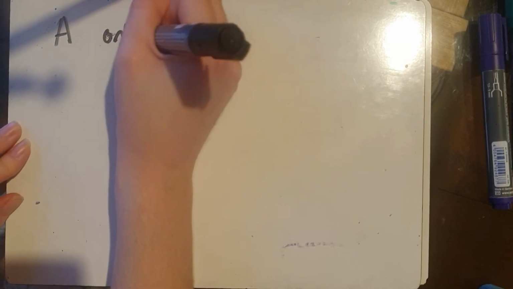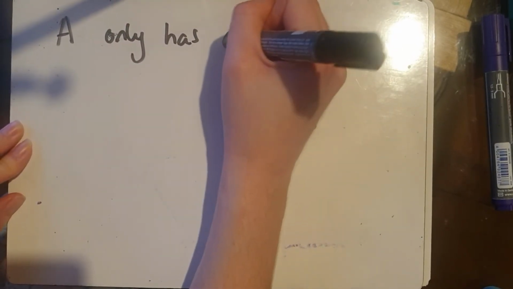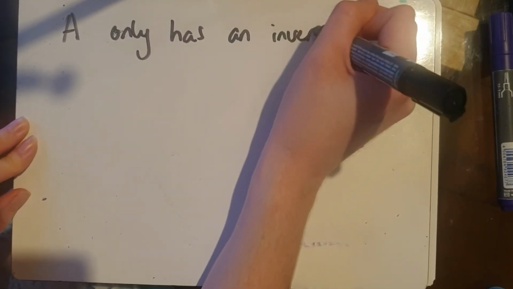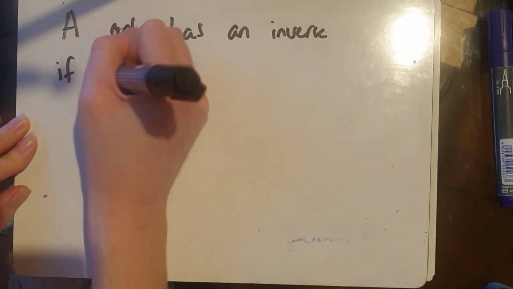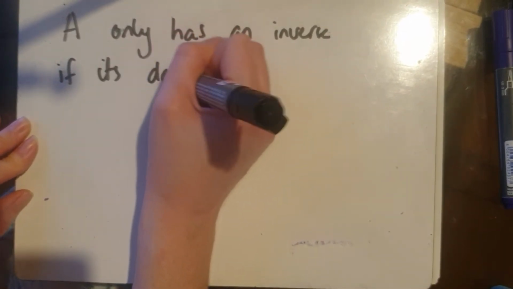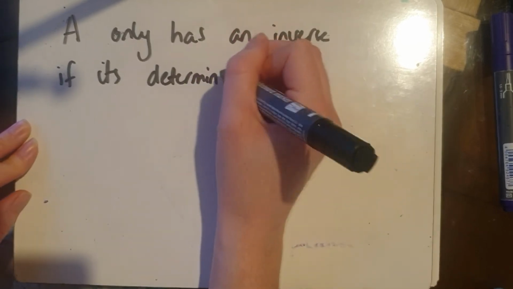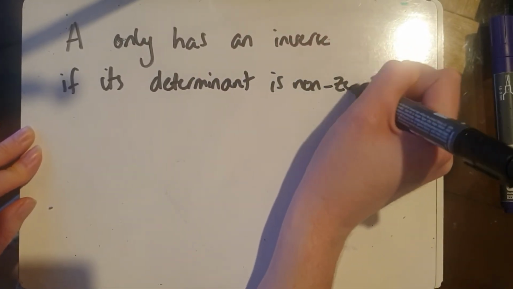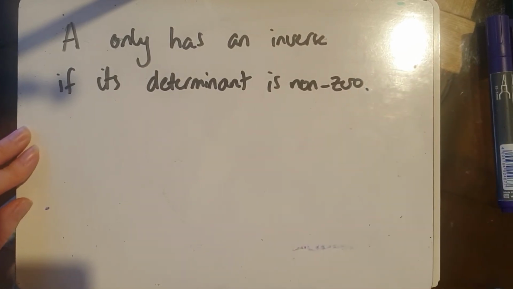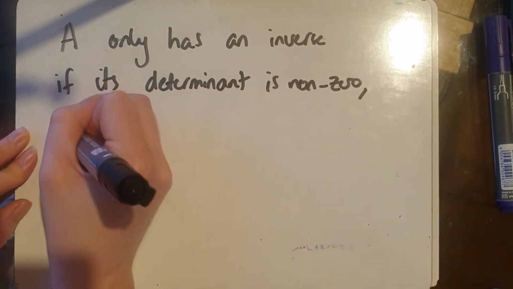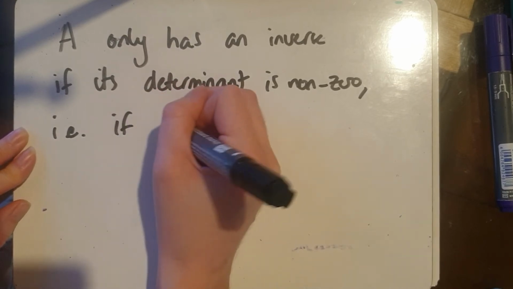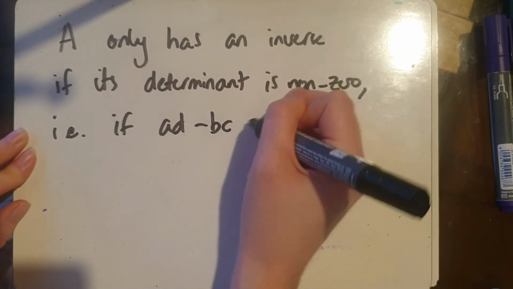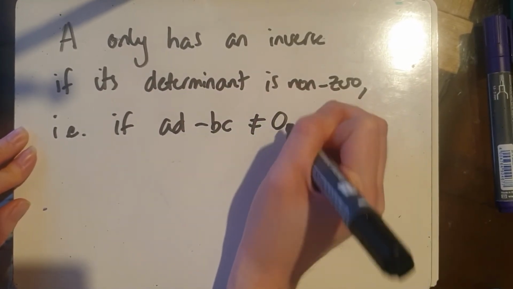So matrix A only has an inverse if its determinant is non-zero, i.e. if AD minus BC does not equal 0.